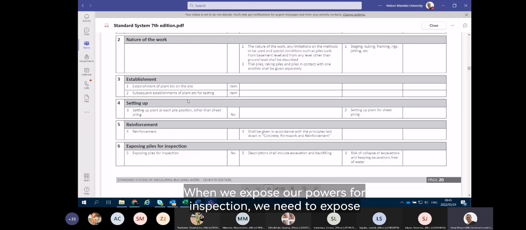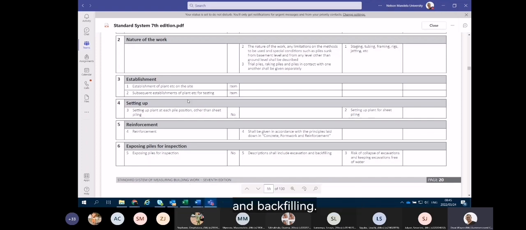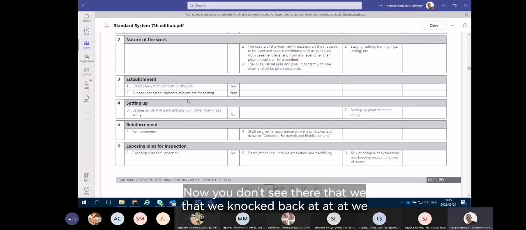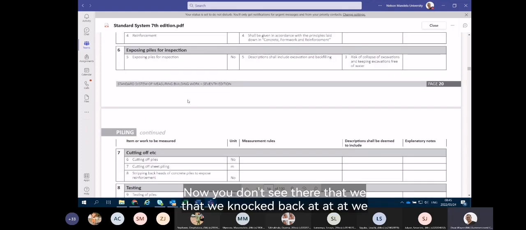When we expose our piles for inspection, our description shall include the excavation and the backfilling. You would have seen there that we knock back, that we cut off the top of the piles to expose the rebar. Why was it needed?